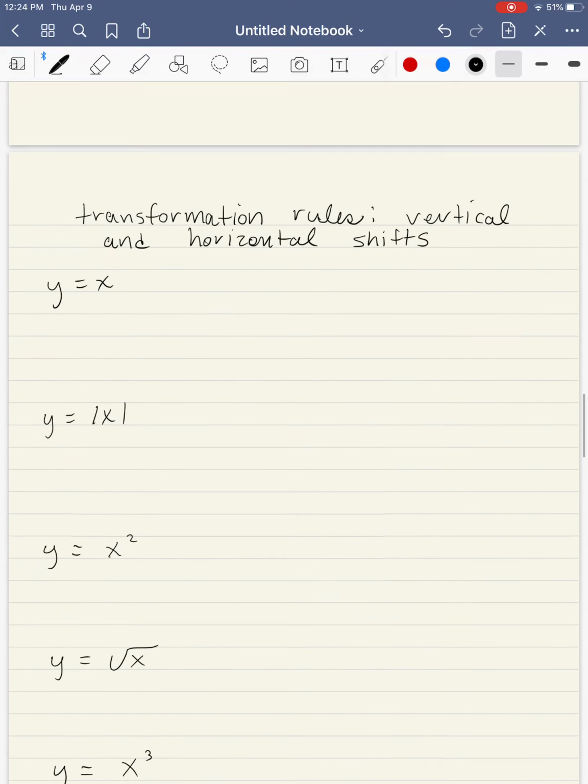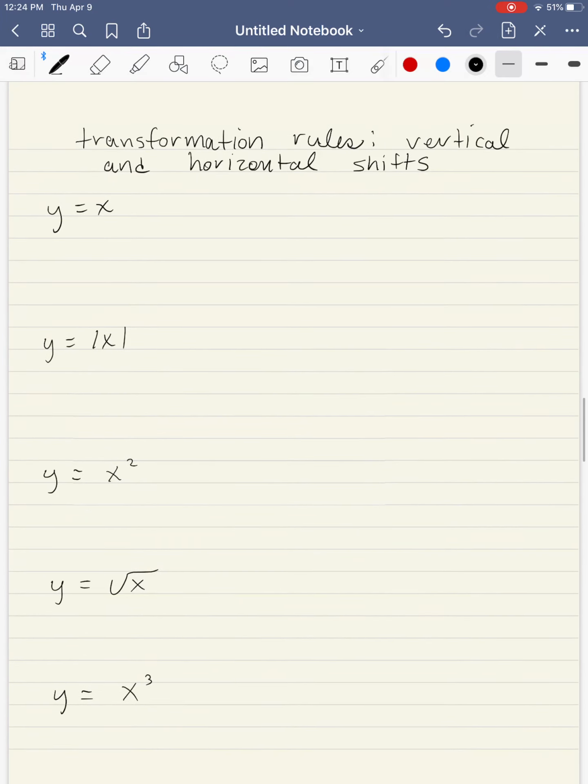These are the ones that we're going to primarily practice with at this point. And then at the end of the lesson, we'll talk some more about how these rules work regardless of what your basic function is.